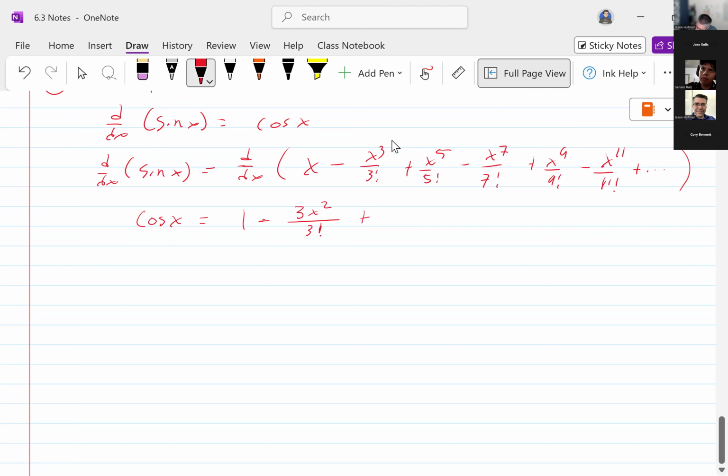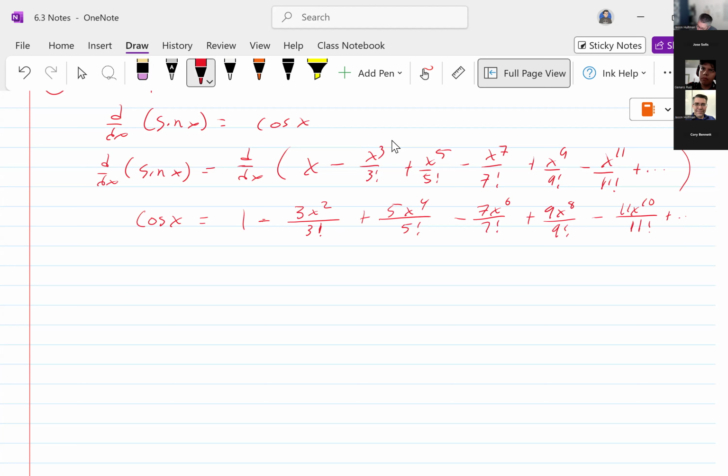Then x to the 5th gives 5x to the 4th over 5 factorial, minus 7x to the 6th over 7 factorial, plus 9x to the 8th over 9 factorial, minus 11x to the 10th over 11 factorial, plus... Sorry, this is 11 factorial. So I don't think we need the parentheses anymore.